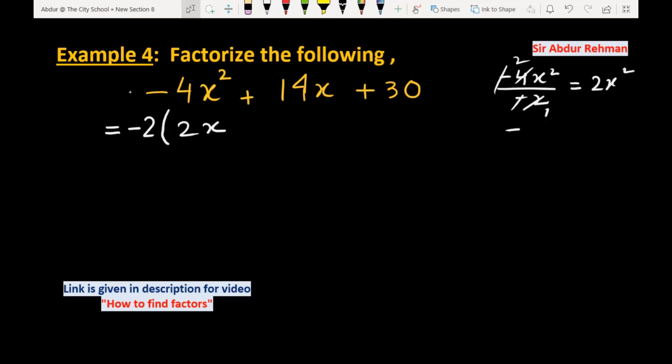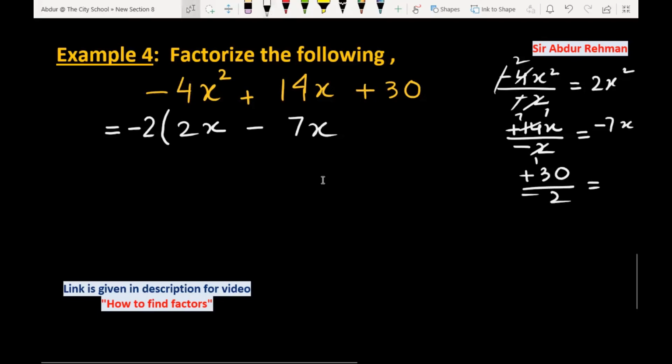In the place of plus 14x divided by the common minus 2, your answer will be minus 7x: plus divided by minus is minus, and 2 times 7 is 14. And when you divide plus 30 by minus 2, plus divided by minus is minus, and 2 times 15 is 30. So minus 15 is the answer.